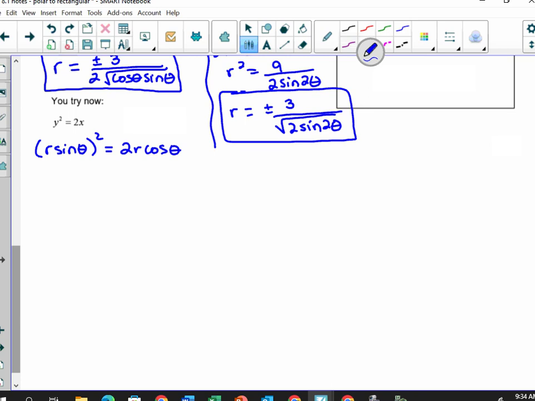You should get r equals two different things, guys. I don't think you distribute that well.